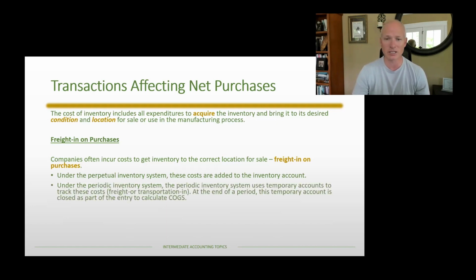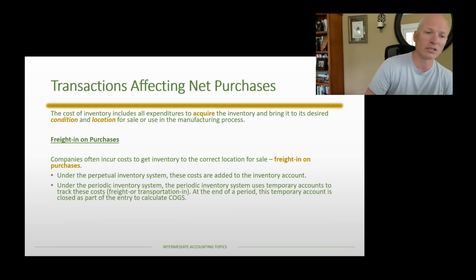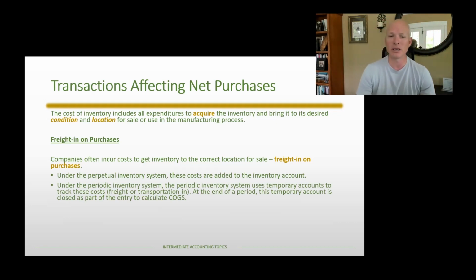Under the periodic system, those freight in costs typically are going to be tracked separately in another temporary account called freight or transportation in. It's going to be in the 500s. It's going to be treated like a temporary expense type of account, even though it doesn't go on the income statement. It's going to be closed whenever we calculate our cost of goods sold, but it's kind of like the purchase account. You could potentially include it in your purchase account, but normally it's going to be tracked separately.